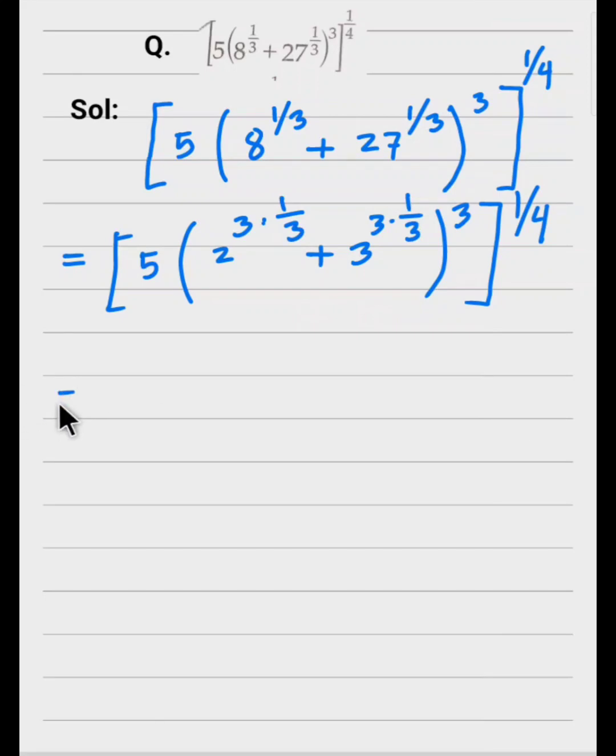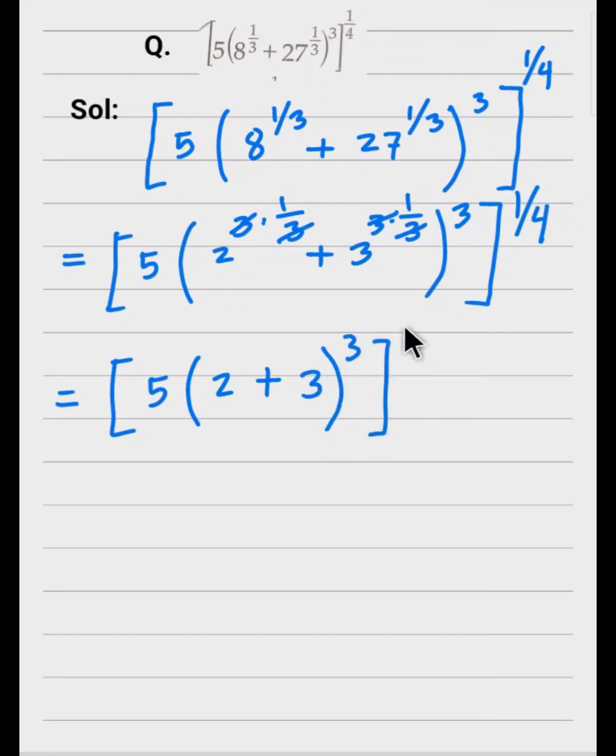Now see, 3 and 3 will get cancelled out. So see, 5, then it would come 2 to the power 1, means 2, plus, and then 3 gets cancelled out. So now 3 and again in bracket, then to the power 3 and to the power 1 by 4. Now see, this is a very easy question. 2 plus 3, that means 5 to the power 3, and here also 5 to the power 1.